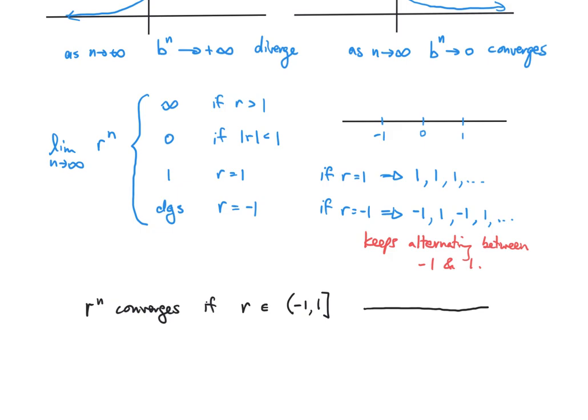So we've got our negative 1 like this and our 1 like this. I'm going to put an open circle to indicate I don't want to include negative 1, and a closed circle here to indicate that I do want to include 1. And for any r in between there, that sequence is going to converge. I'm going to highlight this result because it is something that's important to us, which we will use in the not so distant future.